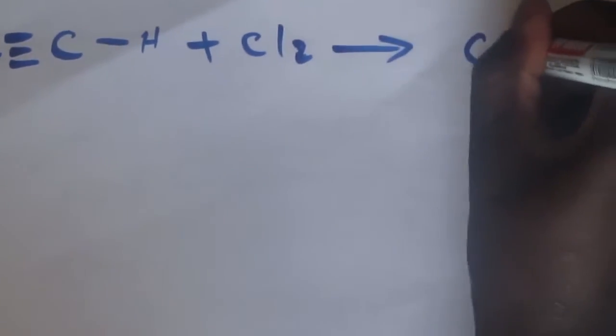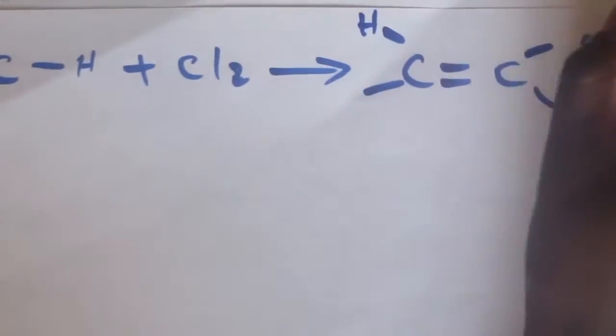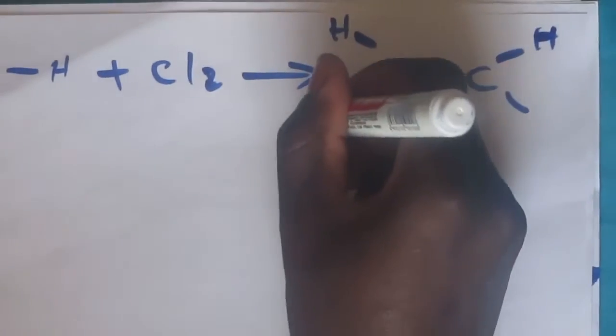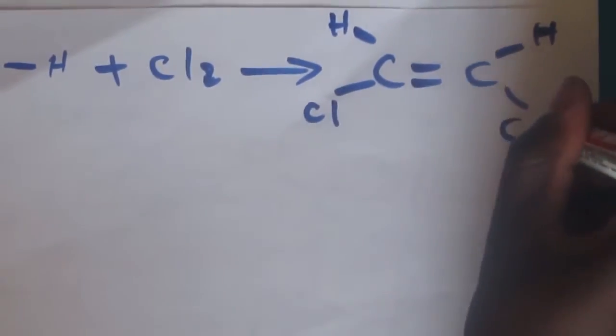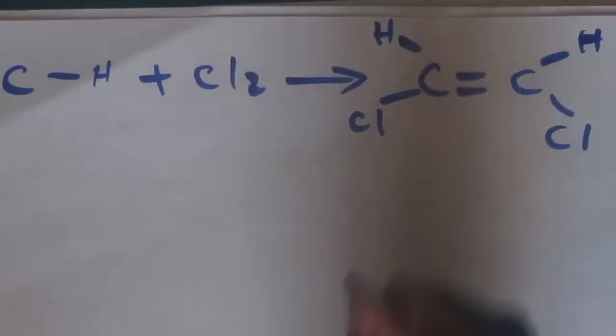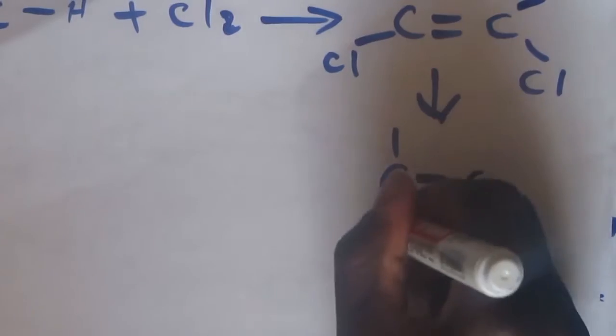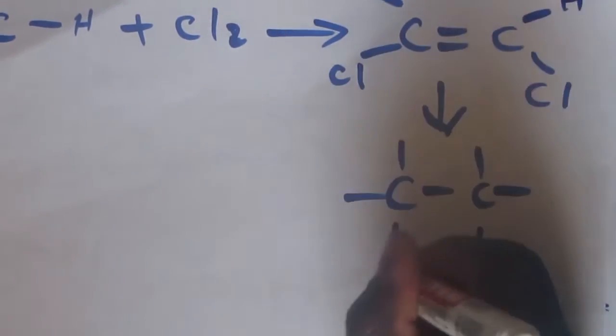So it will be like this. One chlorine will attach itself to carbon number 1 and then another one to carbon number 2. The reaction will not stop from there. It will continue. Then the double bond will open to be a single bond.